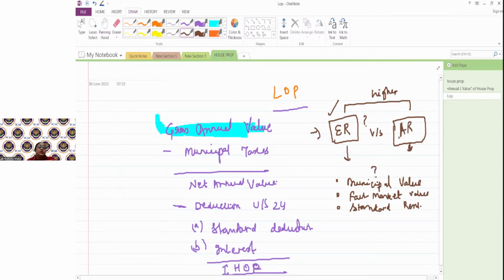You have to see all, compare them, and then come to the value of expected rent. First of all, I will compare the municipal value and the fair value, whichever is higher.